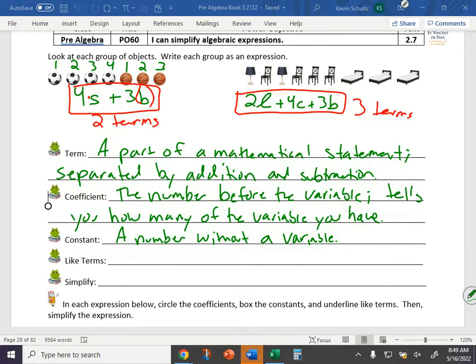Like terms, and this really is going to be the focus of the objective today. This one and the next one.